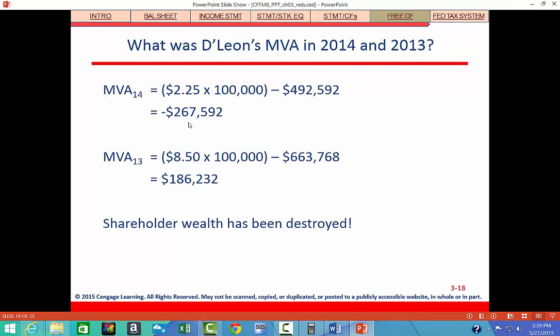And so you see that we have a negative market value added, which means that the company basically destroyed shareholder wealth. And then in 2013, the market price was $8.50 per share times 100,000 shares outstanding. And so in 2013, they had created shareholder wealth because it was a positive 186,000.